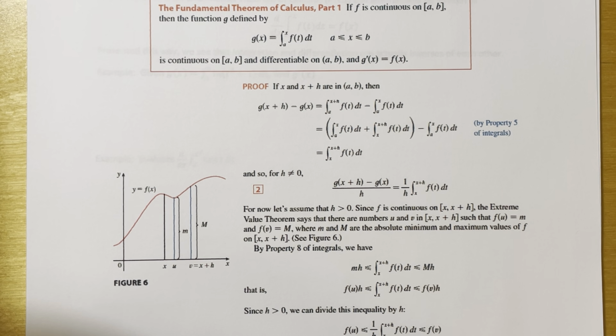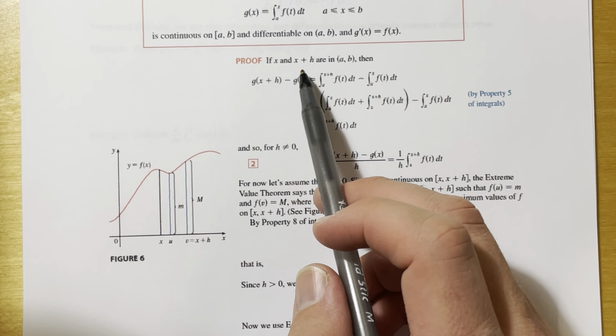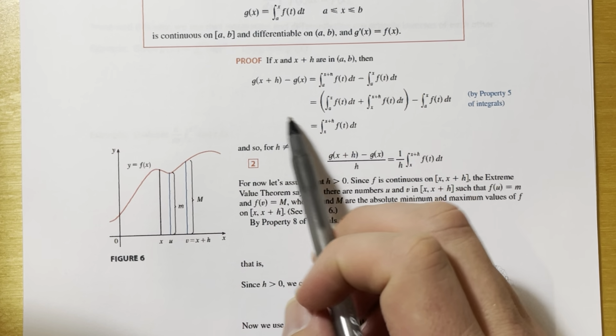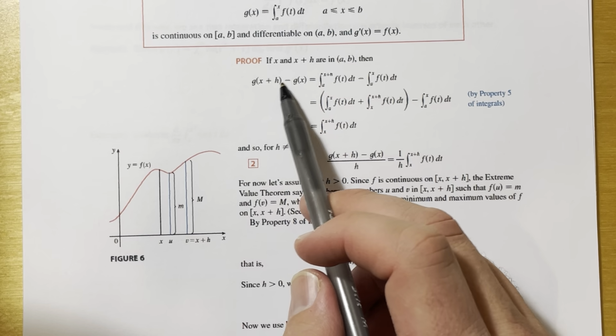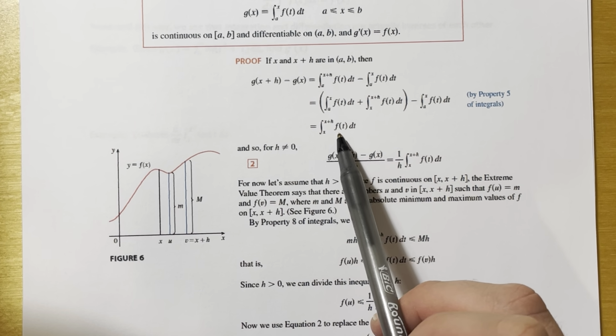The proof is a little bit involved, but we have all the tools that we need to understand it. It actually relies on some theorems that we've discussed before. We're going to use the extreme value theorem in this one. So first of all, it says if x and x plus h are in the open interval (a, b), then g of x plus h minus g of x is equal to the integral from x to x plus h of f of t dt.